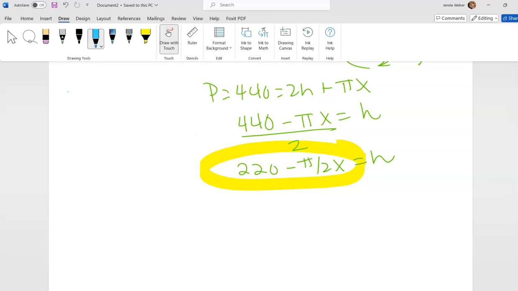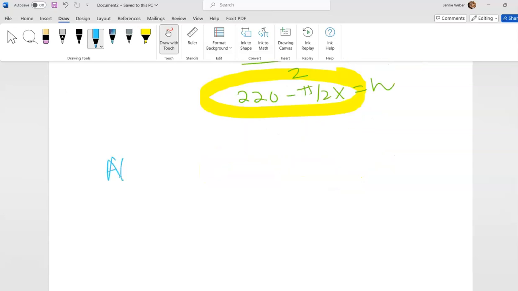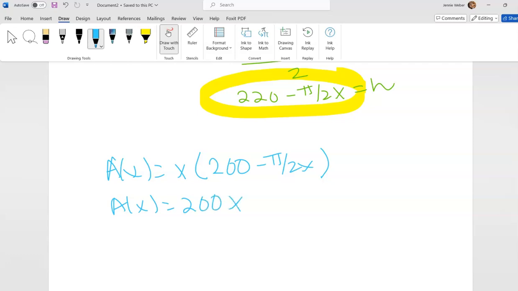So let's rewrite that. I have A of x equals x times 220 minus pi over 2 x. Now, to maximize the area, I take the derivative, but first I'm going to distribute to make it a little bit easier to take the derivative.